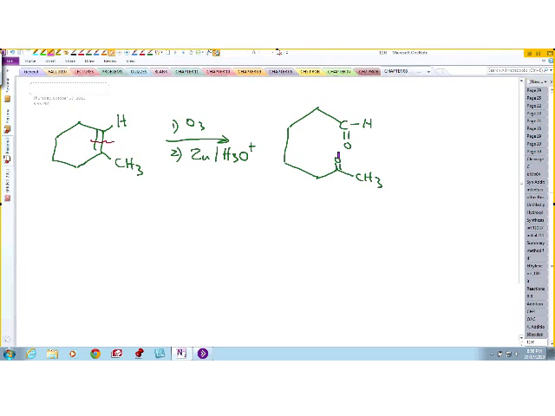This part of the molecule is a ketone, and this part is an aldehyde. So what you get depends on whether a hydrogen is attached to the carbon-carbon double bond. If no hydrogen is attached, then they become carbonyls of ketones.